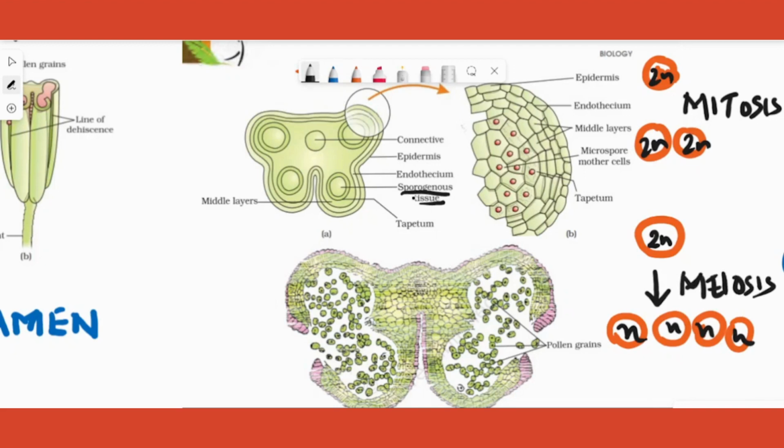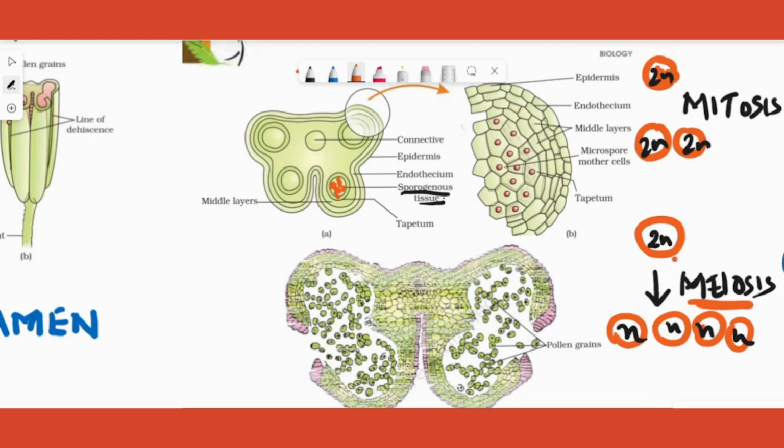So which one is this undergoing? This is the name of the tissue, sporogenous tissue. What is the name of the cell? PMC, pollen mother cell, otherwise called as microspore mother cell. Both are one and the same. These cells are undergoing what kind of division? Meiosis. All this needs to be very, very clear.